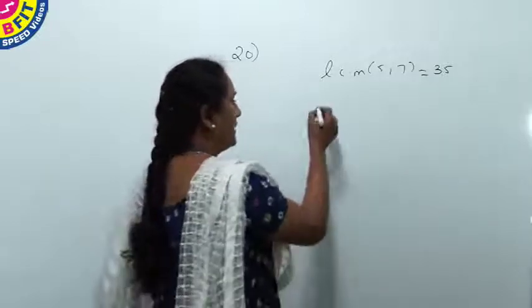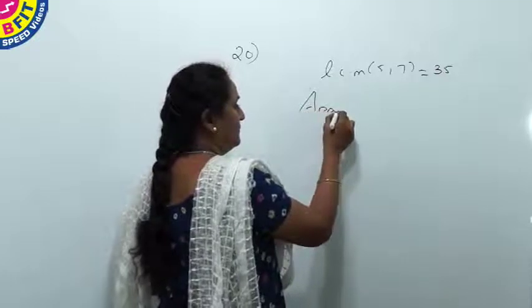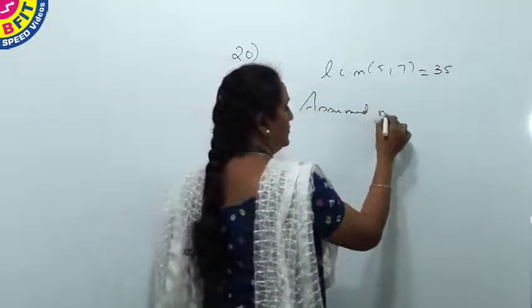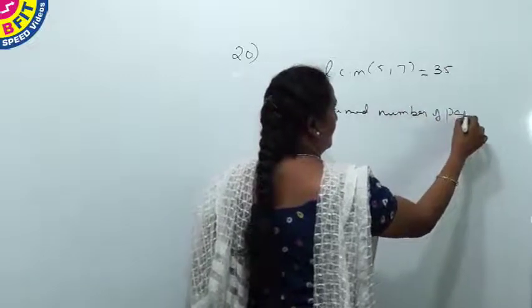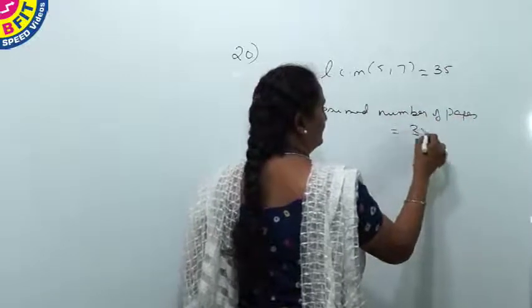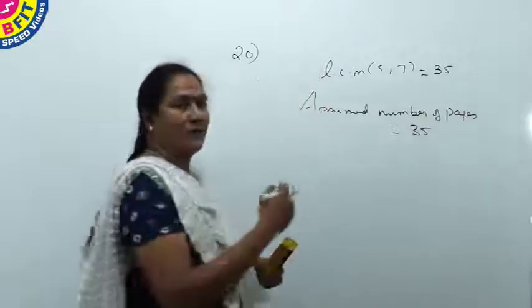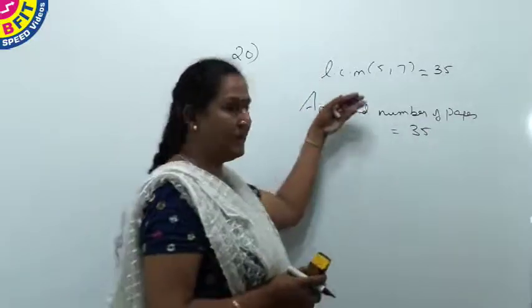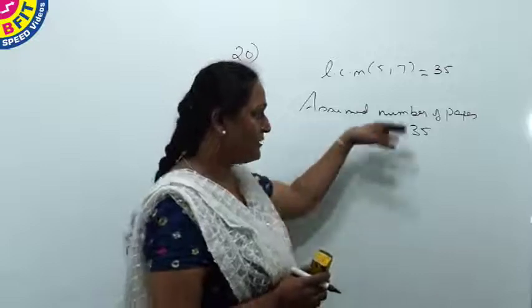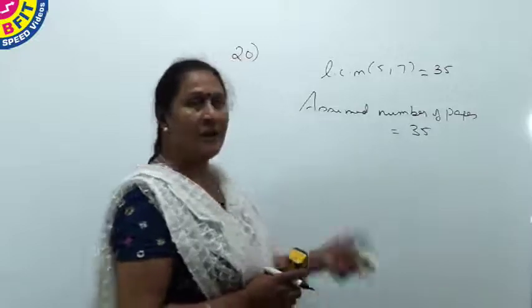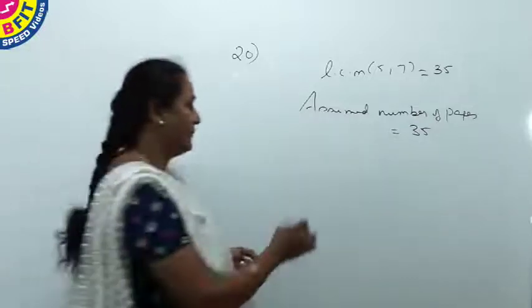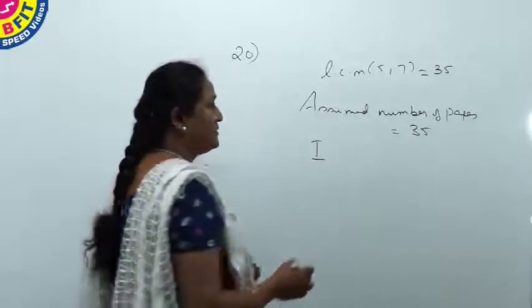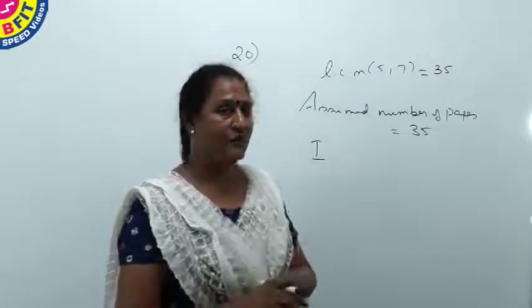So we assume that the number of pages is 35. Now one by one, each day she reads 3/5 and 2/7. From this we can work out and arrive at the answer easily. So on the first day, she reads 3 by 5 of the pages in the book.